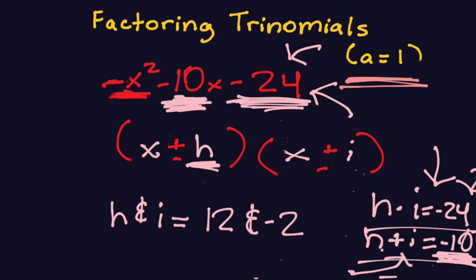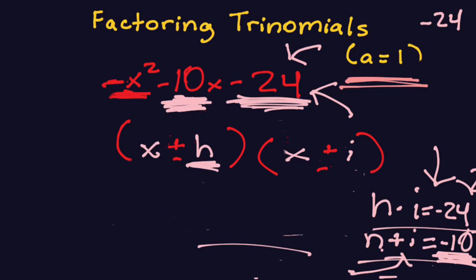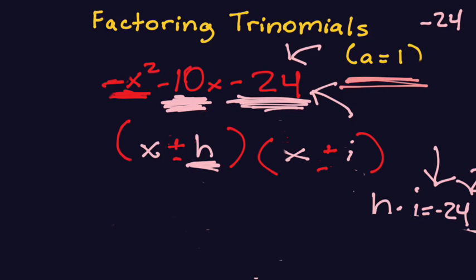Okay, and just to clarify once more, I know that these can equal h and I because 12 times negative 2 is equal to negative 24, and h plus I is equal to negative 10. So we just keep multiplying to find things that equal negative 24, and once we saw two things that multiplied to get negative 24 that added to get negative 10, then we had our h and I values. And remember, these aren't called h and I values. I just decided to give them those variable names. Okay.